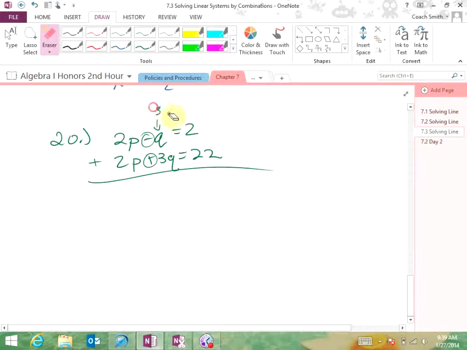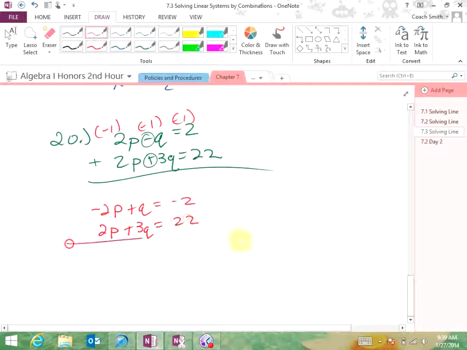The easiest way to do it is just take and multiply the top by -1. So I'm going to multiply by -1 to everything right there. When I do that, my new one is -2p plus q equal -2. And on bottom I have positive 2p plus 3q equal 22. Now I can add it together.